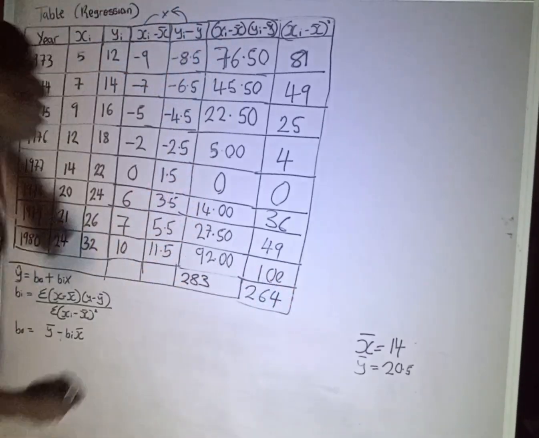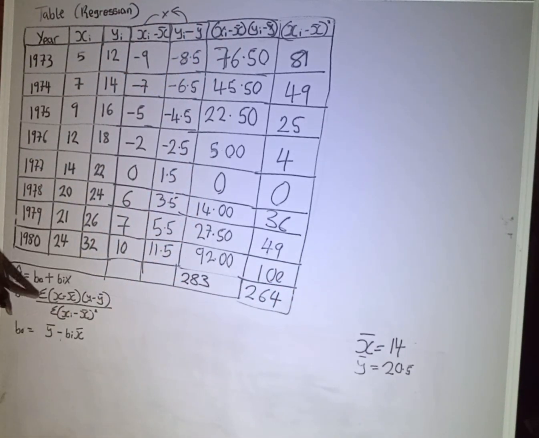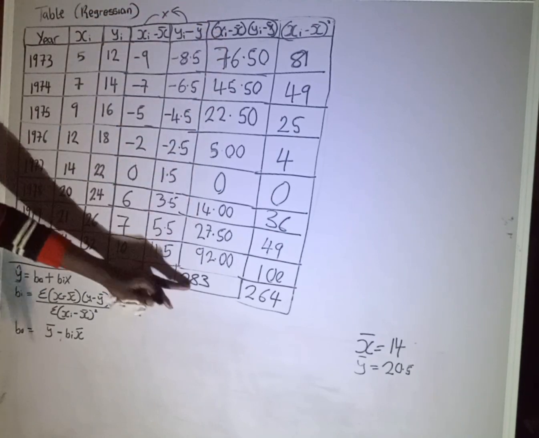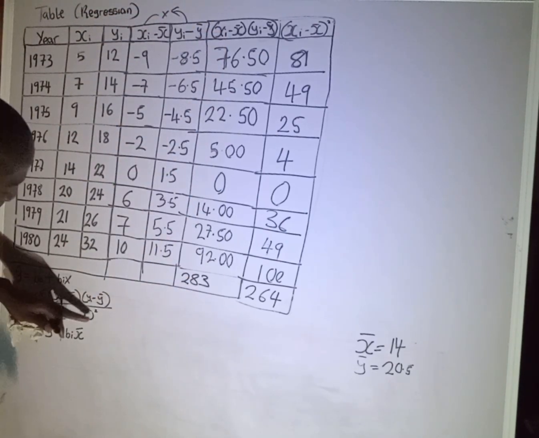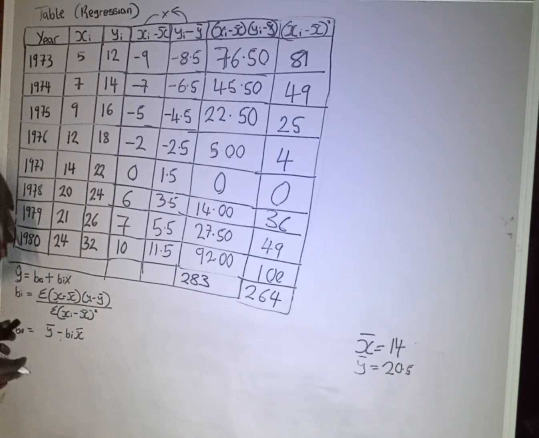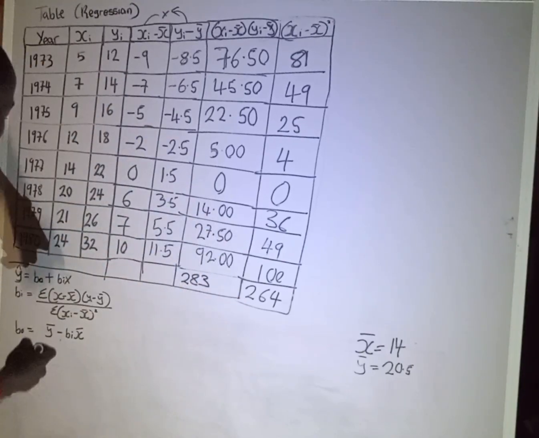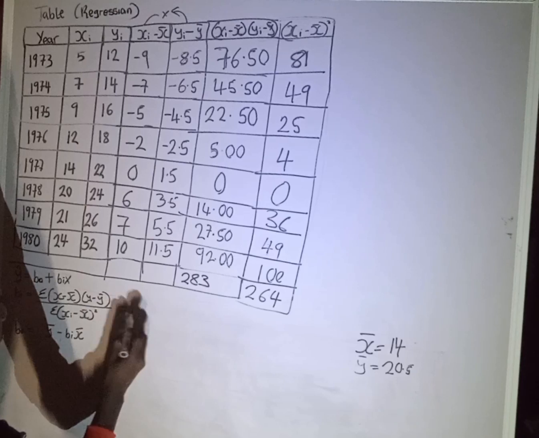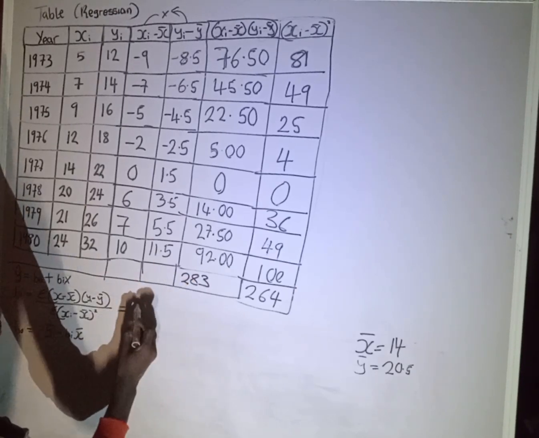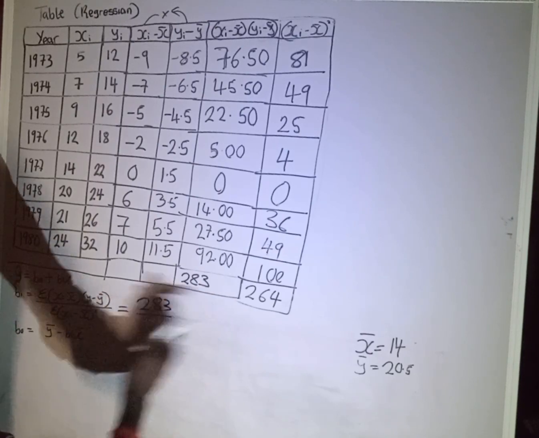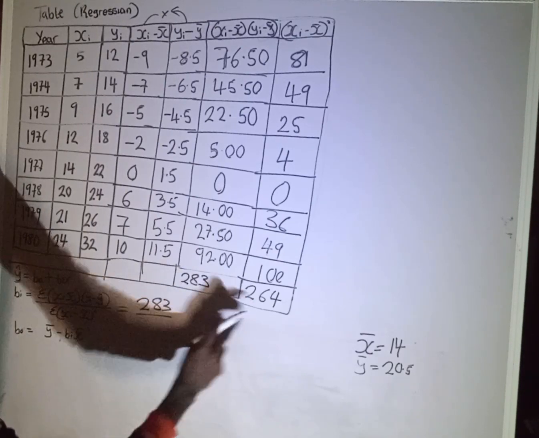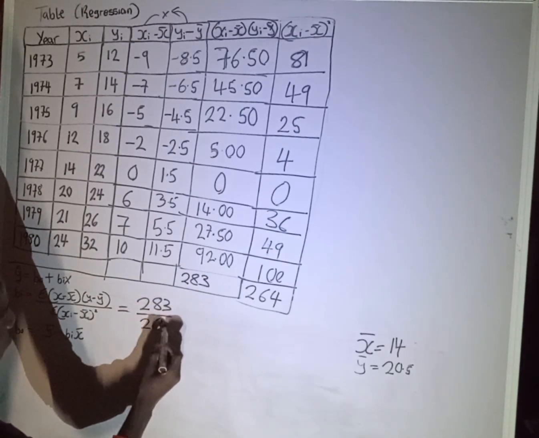Now I've already gotten the numerator, which is the summation of this, which is 283, and the denominator is what? Summation of xi minus mean of x squared. So what I'm going to be doing is to place this over this. According to the formula, b1 is what? Summation of this over this. So I'm going to have 283 all over 264.